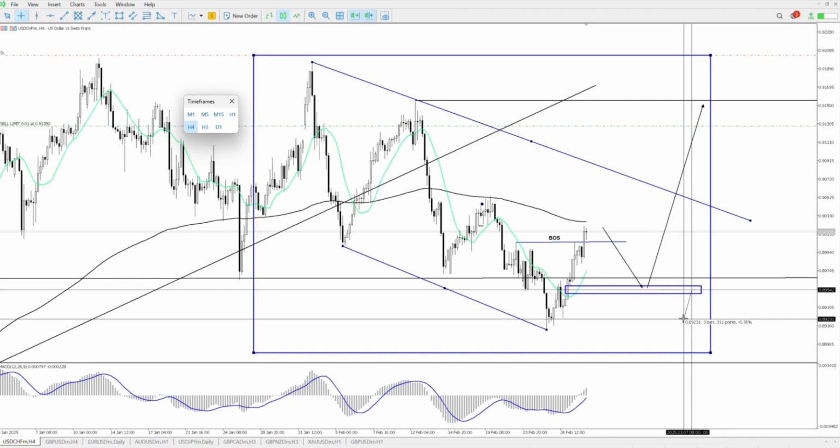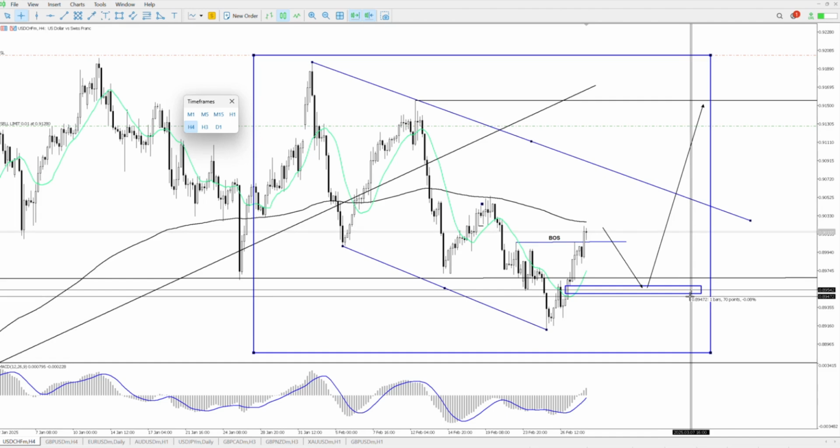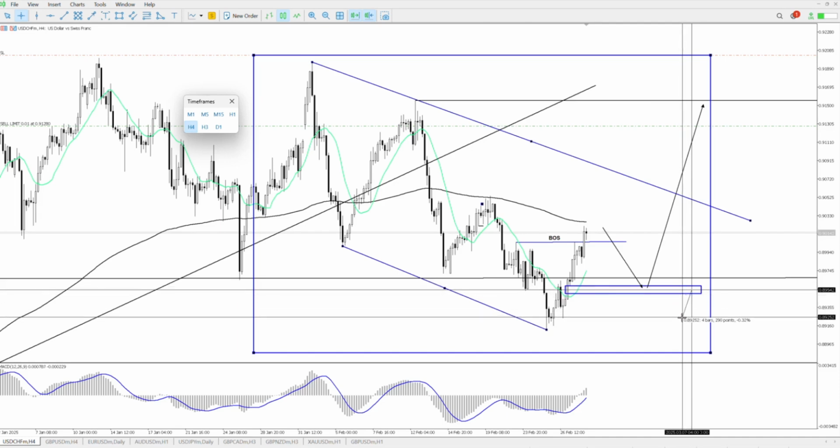Putting my stop loss just below the FVG is just 6 pips, right? But there is a tendency that smart money can use me to grab liquidity. In order to avoid that, I will place my stop loss at this liquidity zone here, which is 30, 31 pips, right?